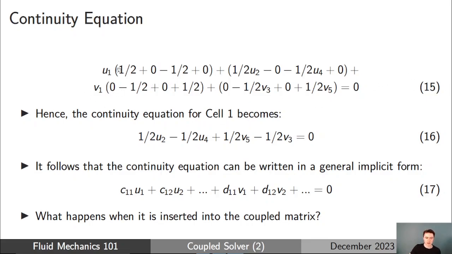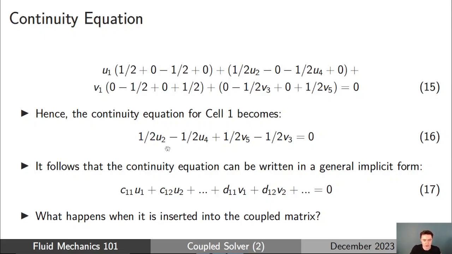And then all I've done is just collect together each of the terms. So we've got the half U1 there, which cancels with the minus a half. We've got a half U2 minus a half U4. Those terms cancel out, minus a half V3 and then a half V5. And that allows us to write our continuity equation in this simple form, which you can see there, equation 16. And just looking at it, what does it say?